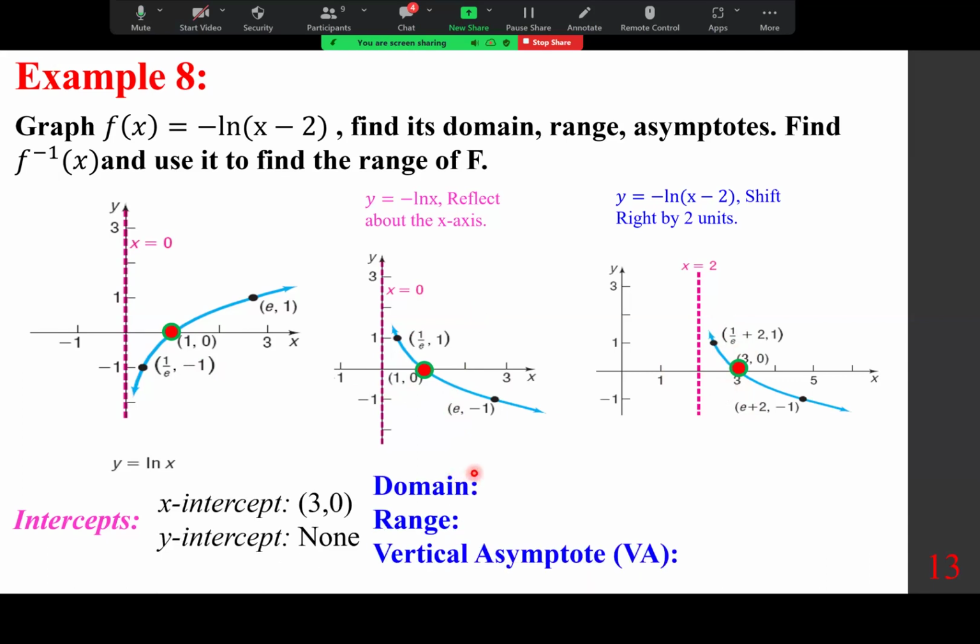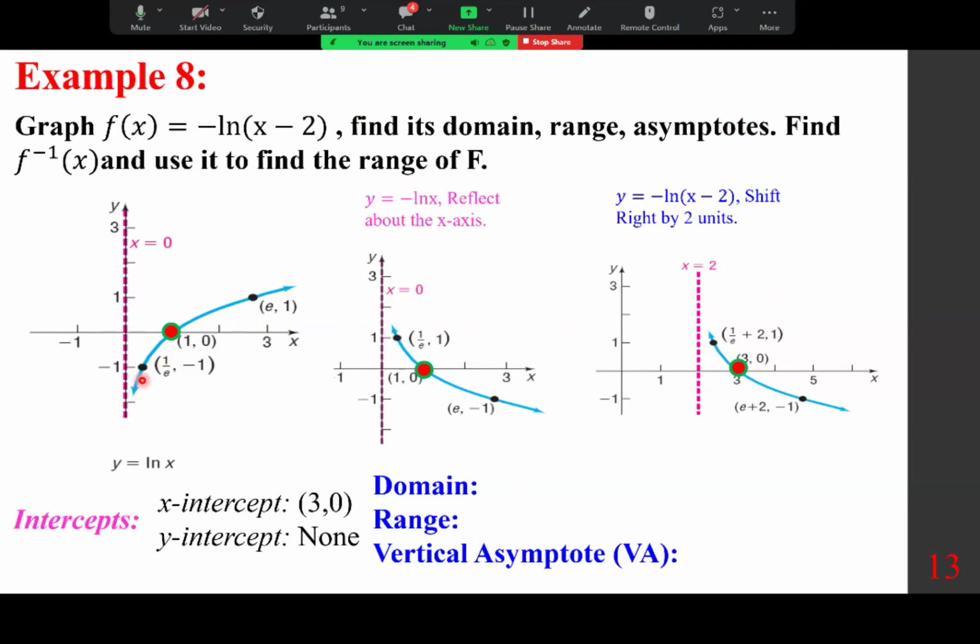As far as the domain is concerned, remember, the domain is from 0 to infinity in those two cases. But here, as we shifted to the right by 2, the domain is from 2 to infinity. The range doesn't change in all cases, all real numbers from negative to positive infinity.